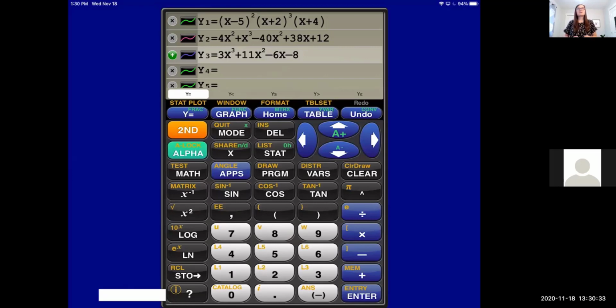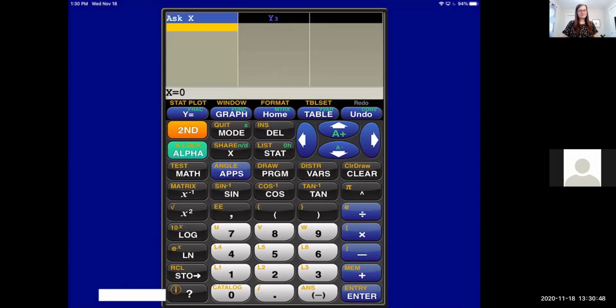Rather than going 3 times 2 cubed plus 11 times 2 squared minus 6 times 2 minus 8, and then checking another number, and we're going to have to check quite a few numbers potentially, what's nice is you go to table. On your graphing calculator, or this app, you can go to second table set.